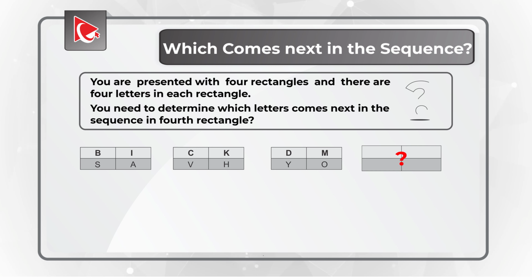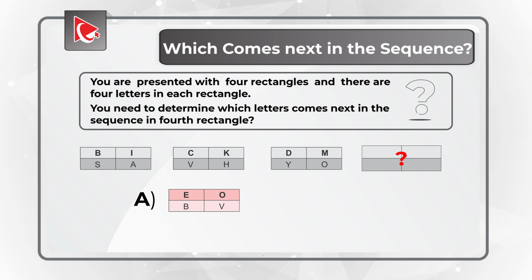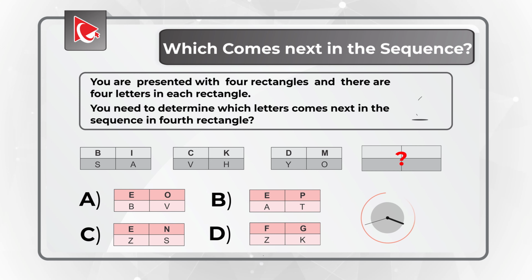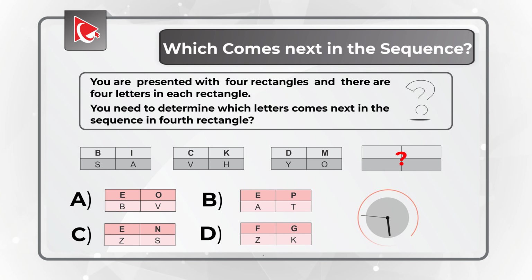What's interesting is that the upper row of the letters is bold, and the lower row of the letters in the rectangles is the regular font. You need to determine the item that comes next in the sequence, and you're presented with the 4 different choices. Choices A, B, C, and D. Take a close look to see if you can determine the answer.